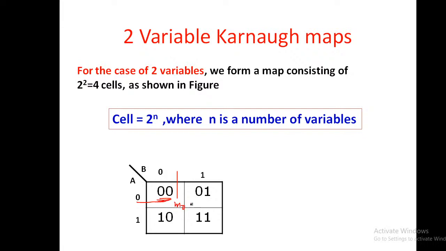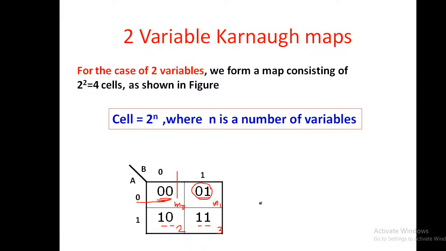That's why I told you yesterday. And what will be the decimal value of this? This will be 1, because A is 0, B is 1, and the decimal value of 01 is 1. That's why this position is the minterm 1 position. This will be minterm 2, because A1 B0 is 2, and A1 B1 is 3. That's why the value will be 3.